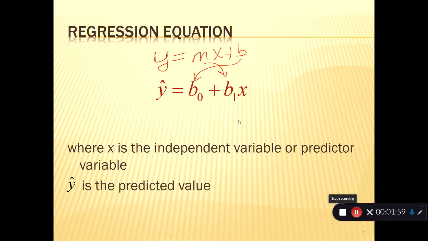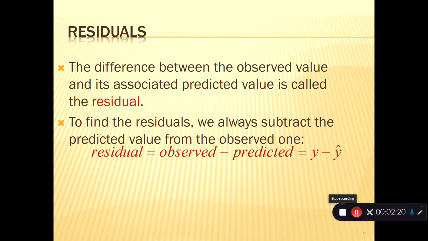Just like I gave the example a minute ago, our percent of respondents in the 1900s might not make sense if we're extrapolating back to the 1800s. So you always want to realize that the regression equation is good over the set of data, and we can use it to predict beyond the data a little bit, but those predictions may not always be accurate. So we want to be careful with that extrapolation process.